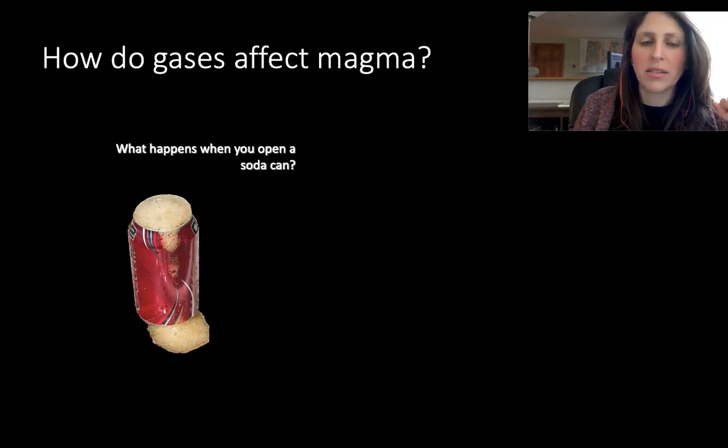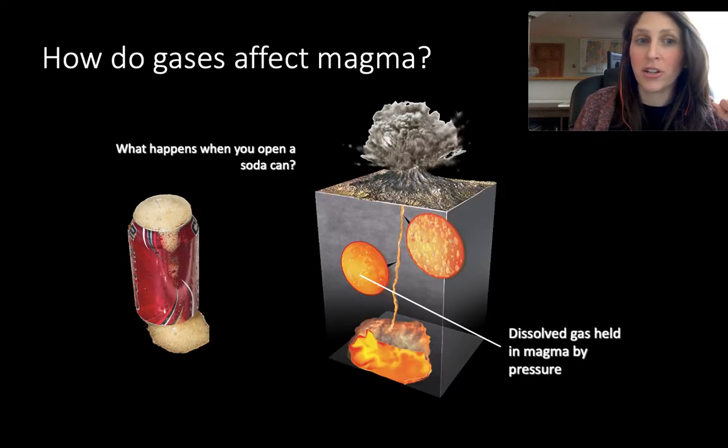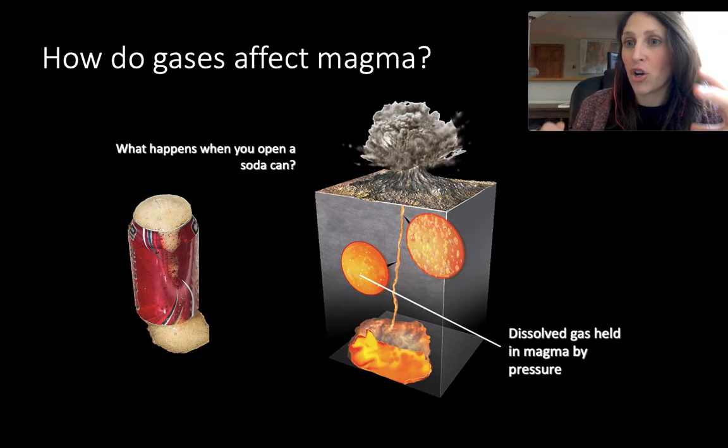So how do gases affect magma? You can picture this explosive type of magma or lava likened to a soda can. When you open a soda can, you're releasing all of these gases that are under pressure.